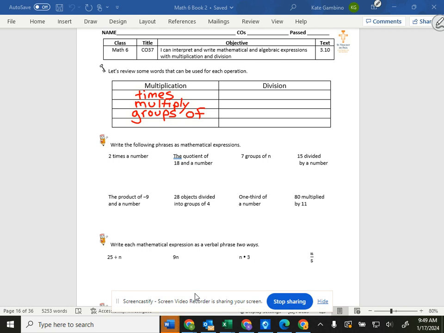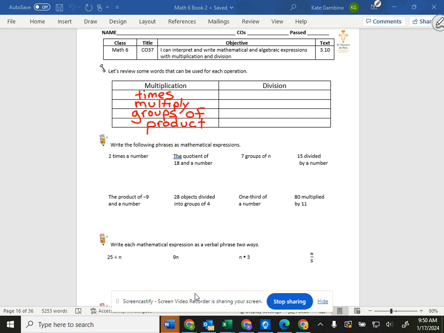Another word, just like we had for adding, we had the total, subtraction, we had the difference. For multiplication, we are finding the product. So if you're finding the product of something, you are multiplying.